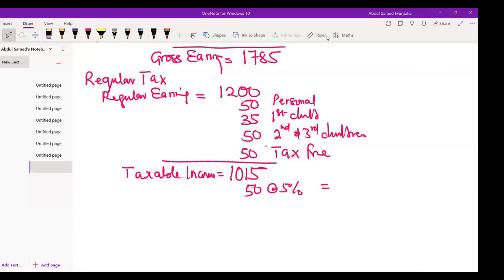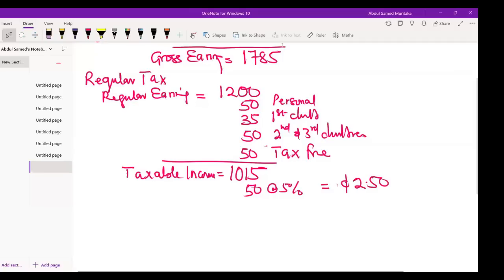Please stop refusing to use your brain. 1.5 of 30, what will you get? Multiply the 1.5 by 30, what will you get? Okay, so this is 2.5.